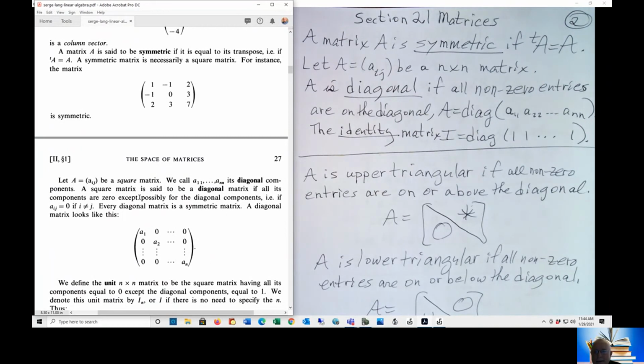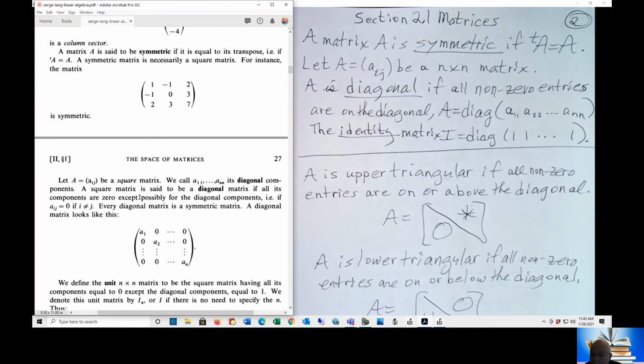We say that A is diagonal if all non-zero entries are on the diagonal, with zeros below and zeros above the main diagonal. You might write it as A equals diag(A11, A22, ..., A_nn).